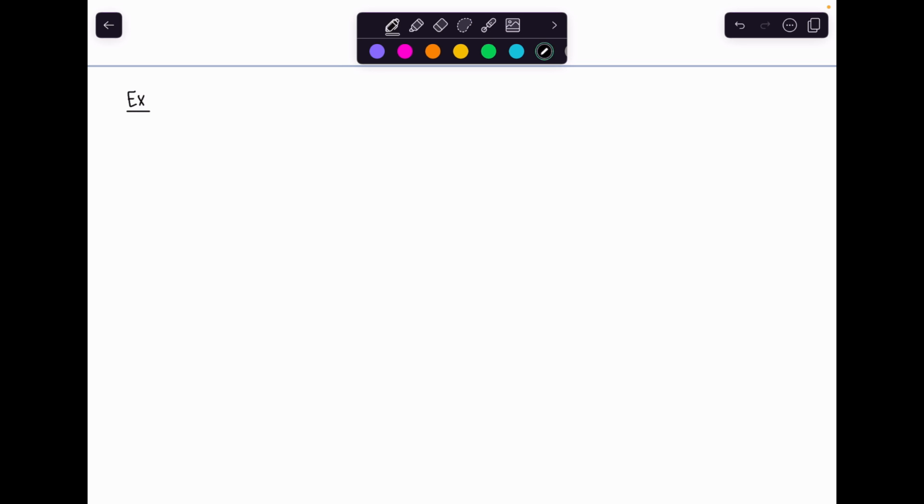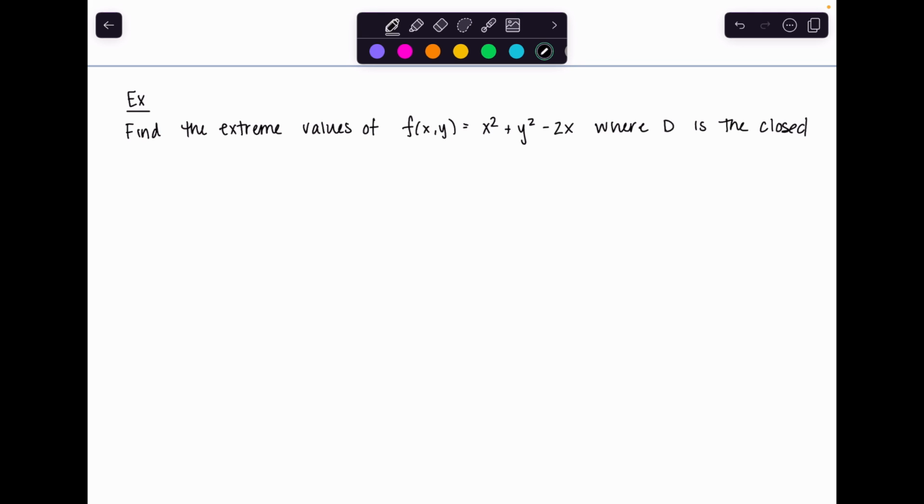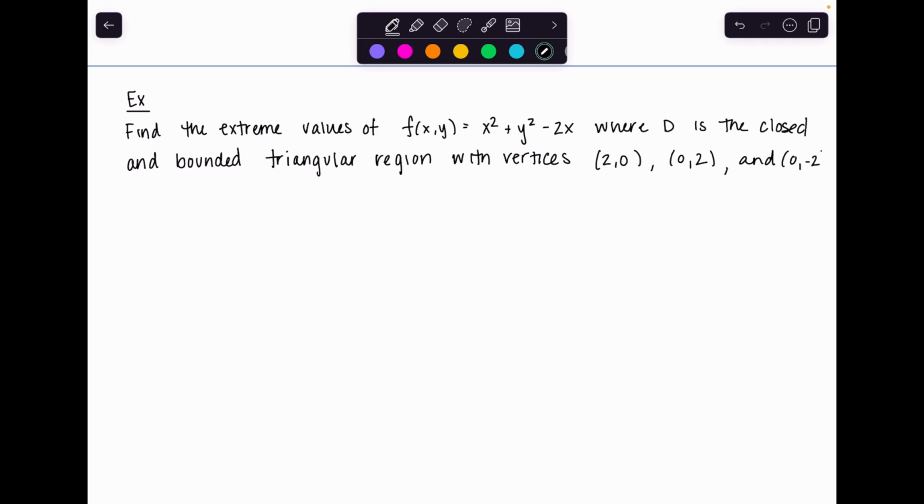We're going to go ahead and find the extreme values of the function f, which is x squared plus y squared minus 2x, where D is the closed and bounded triangular region with vertices (2, 0), (0, 2), and (0, -2).